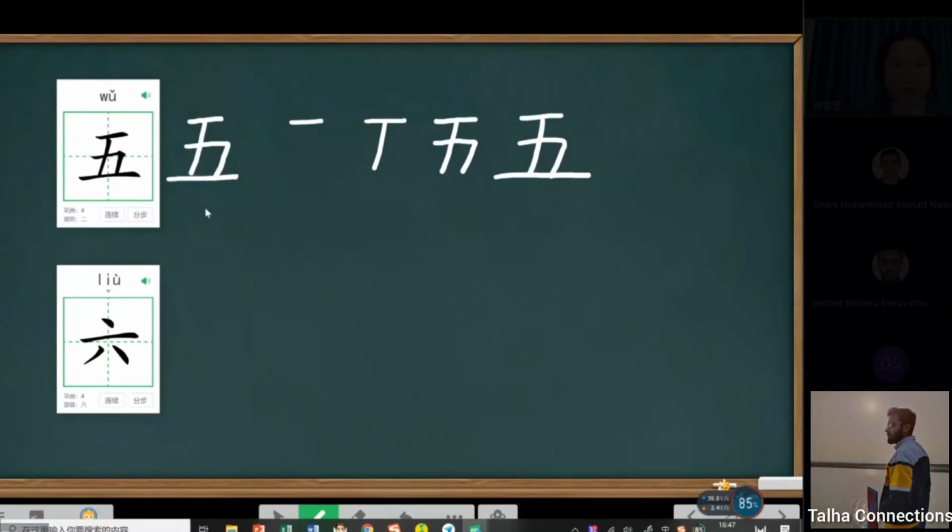Because most Chinese characters take the block shape, we may imagine there's a square. Do you see the green square? And we write the characters in the middle of the square, and the strokes are evenly distributed in this square.